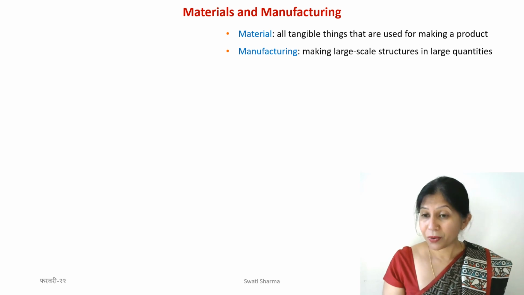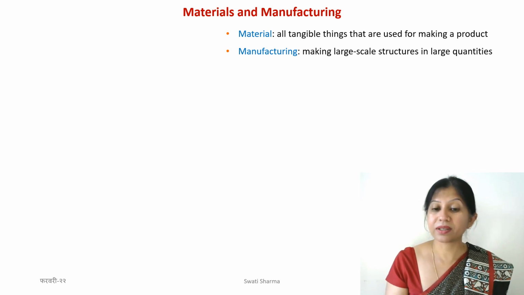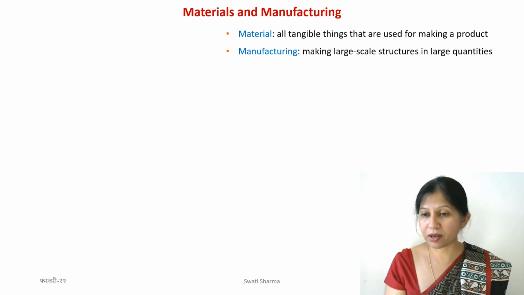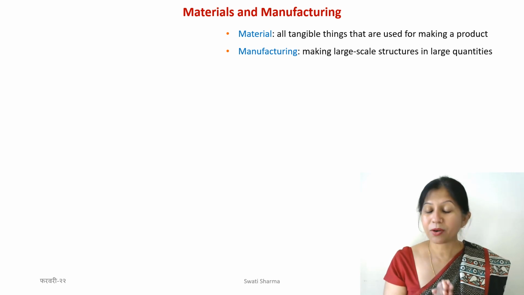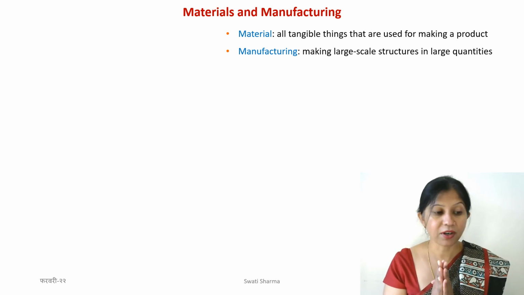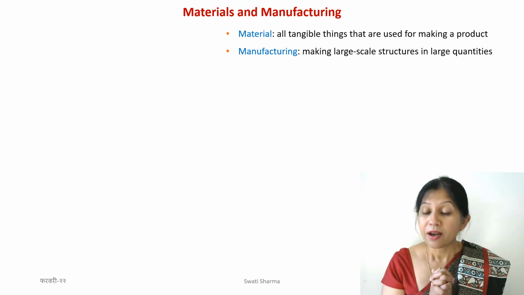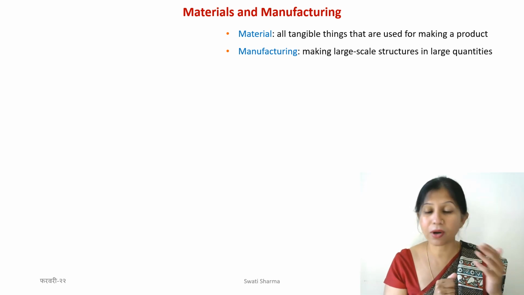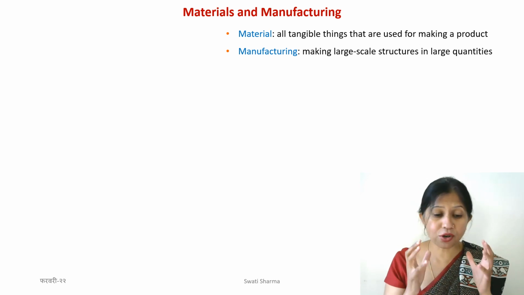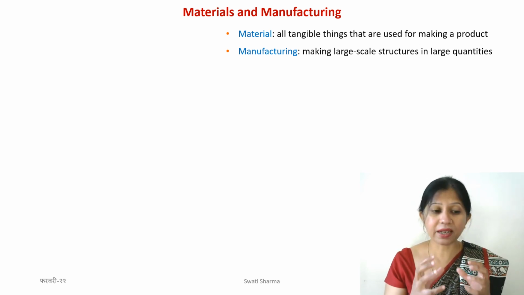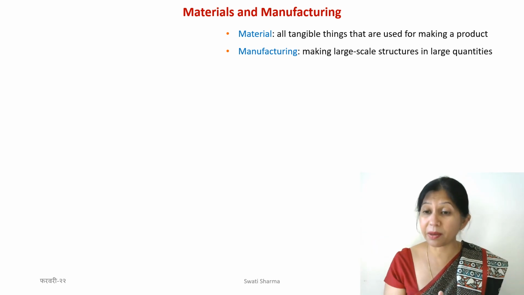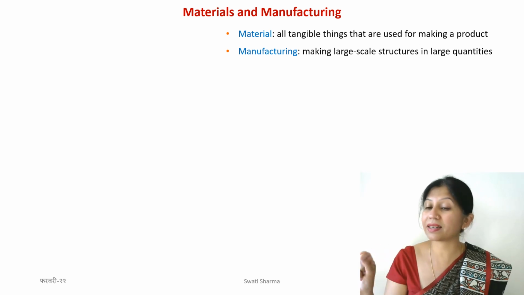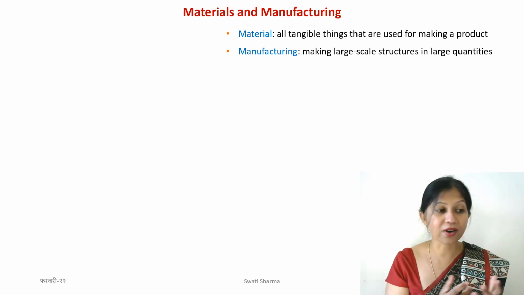How about large quantities? Irrespective of the size, dimension, or type of your product, when we talk about industrial manufacturing, we talk about making large quantities. The quantities should not be 1 or 2 or 5. You should have a process that is capable of making hundreds of structures of the exact same type, and you should be able to get the exact same product when you make 100 of them.